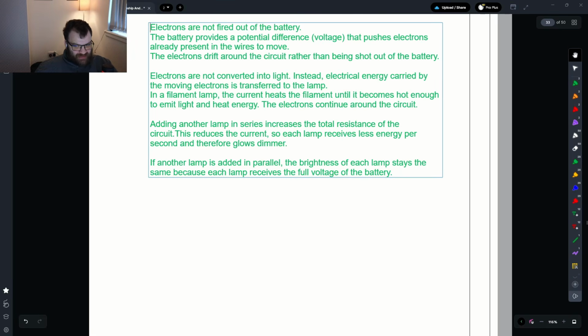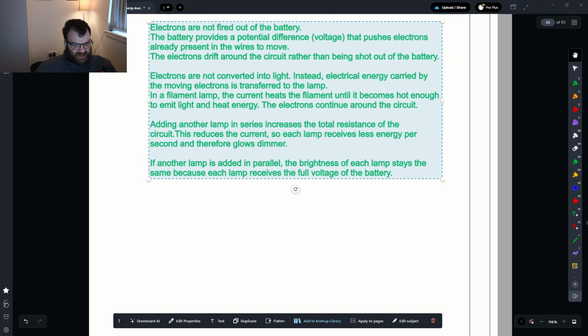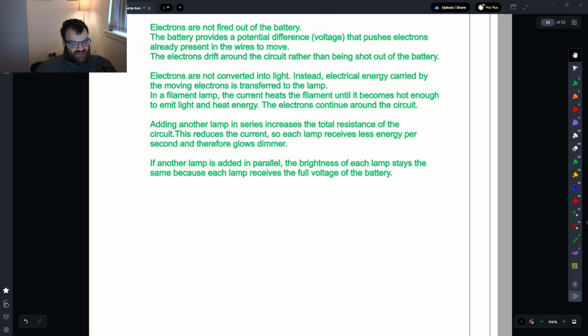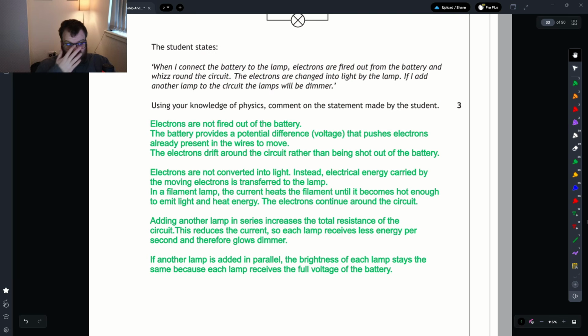If the lamp was added in parallel, you'd have the same brightness of each lamp, because each of the branches of the parallel circuit would have the same voltage. Again, with these ones, there's probably more things that we could talk about, but that would hopefully be enough to pick up the 3 marks.